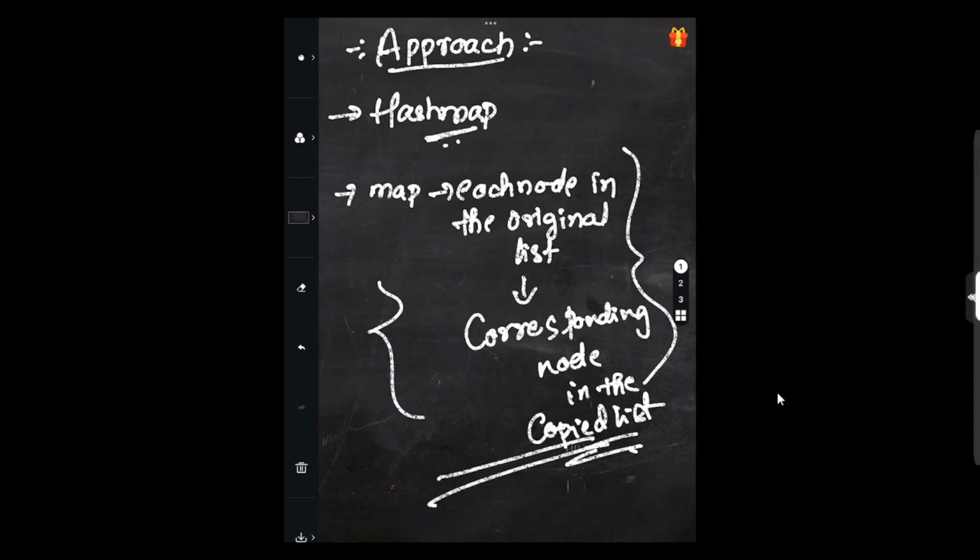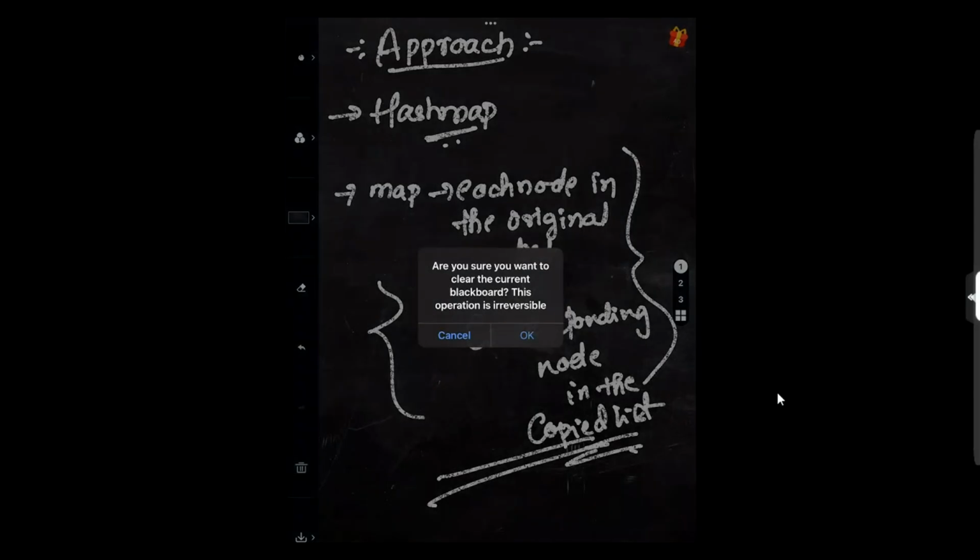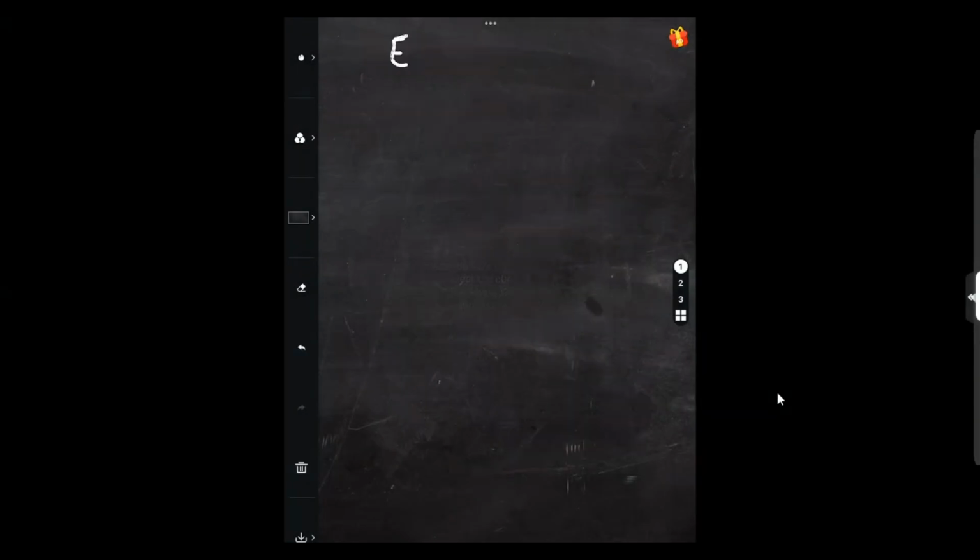Let's discuss the edge cases one by one here. The first edge case is if the list is empty. When the list is empty, that is, head is null, then we have to return null.